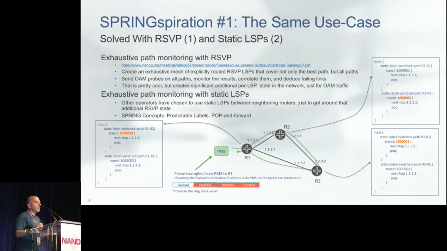Router 2 has a similar configuration that would act on the next label in the stack, 1,000,003, and then it's going to send that packet to R3. R3 is going to act on the next label, send it back to R1. And R1 is going to look at the payload and send it to the path management server. So this is easily done with current means.